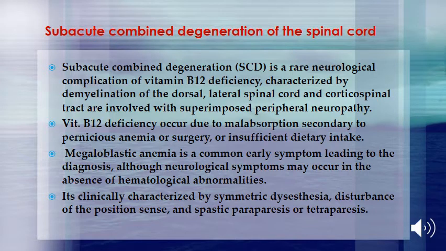Clinically, subacute combined degeneration of the spinal cord is characterized by dysesthesia, peripheral polyneuropathy, impaired proprioception, and spastic paraparesis or tetraparesis due to affection of the corticospinal tract.